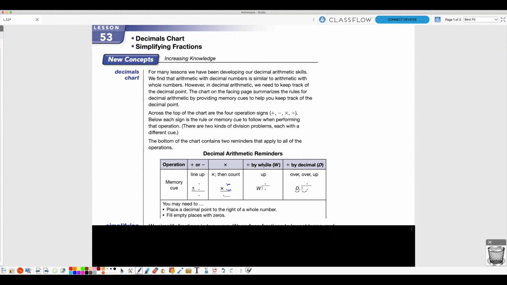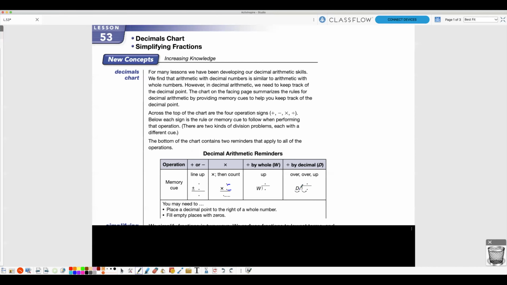When dividing by a whole number, if you have a decimal number, you simply move the decimal straight up in the answer. When dividing by a decimal number, you have to move the decimal over.